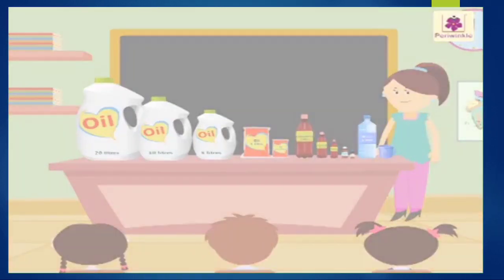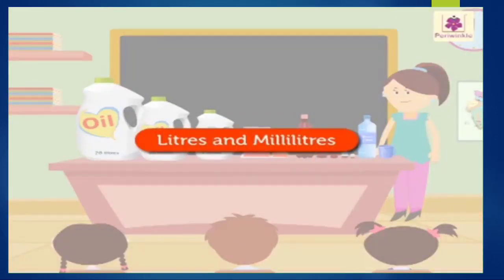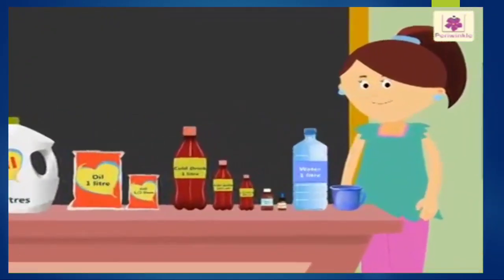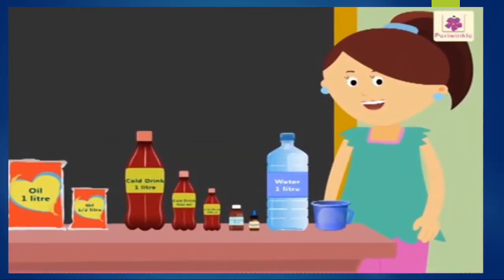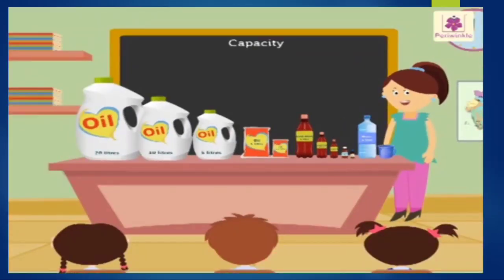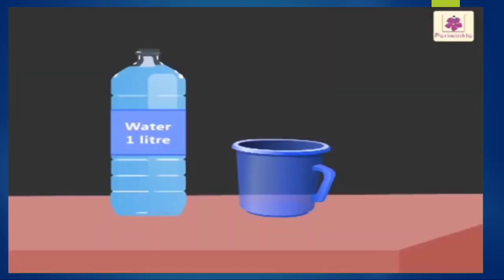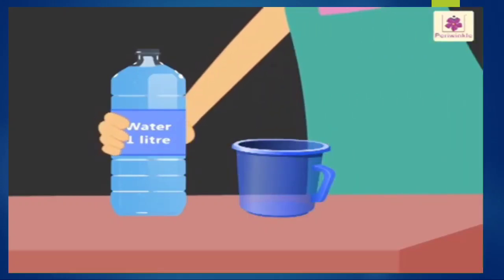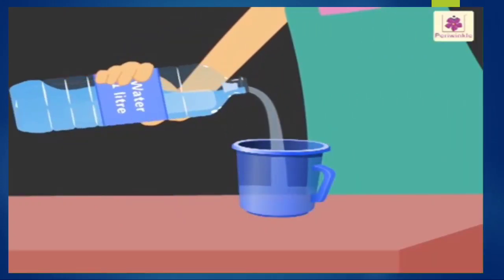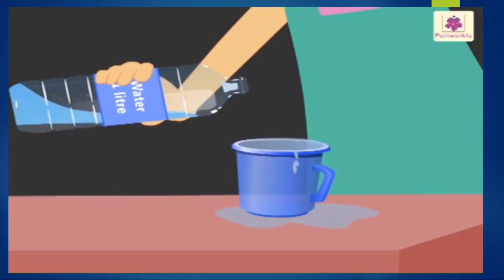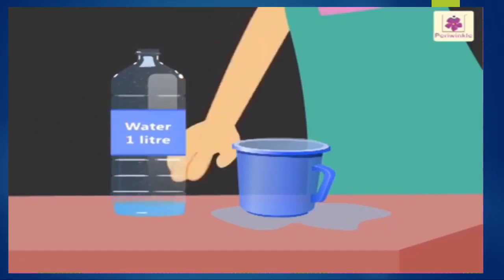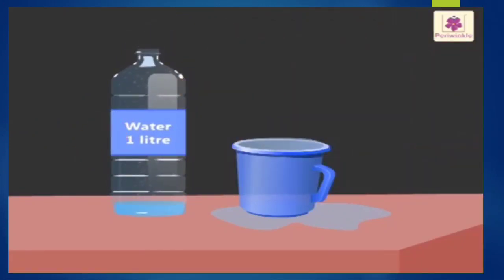Let's learn about liters and milliliters with Miss Julie. Good morning, children. Today, first, let's revise capacity. Look, I have a bottle filled with water and an empty jar. Let's pour this water in the jar. Look, the water started overflowing and fell out of the jar.